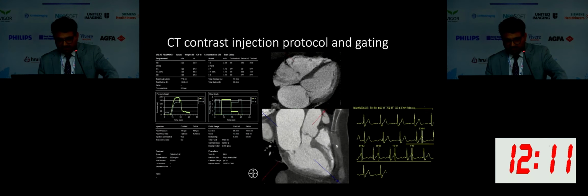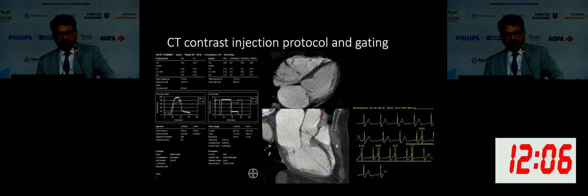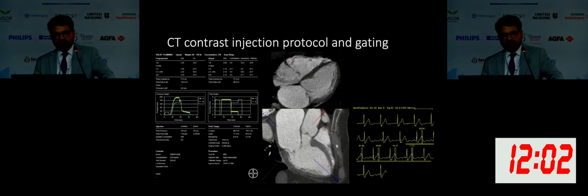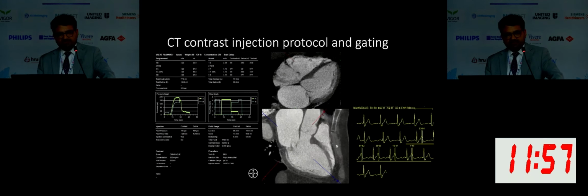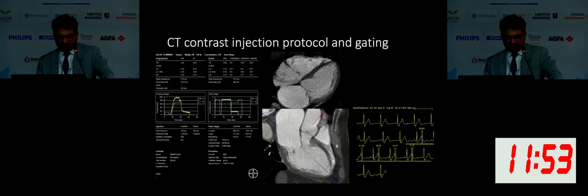Looking at our contrast injection protocol, we use a triphasic injection, which is first upfront pure contrast, followed by a mix. For left heart indications, we do a 20% mix. For right heart indications, we do a 50% mix, which is followed by pure saline.